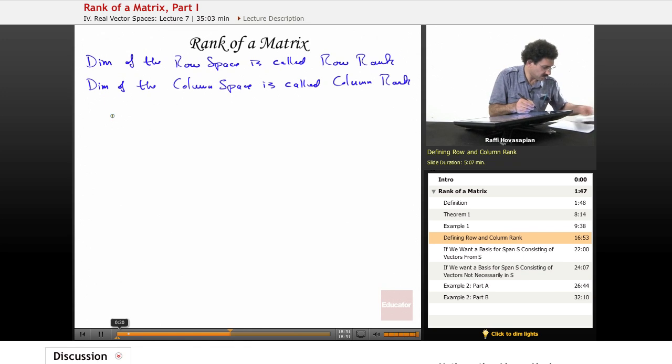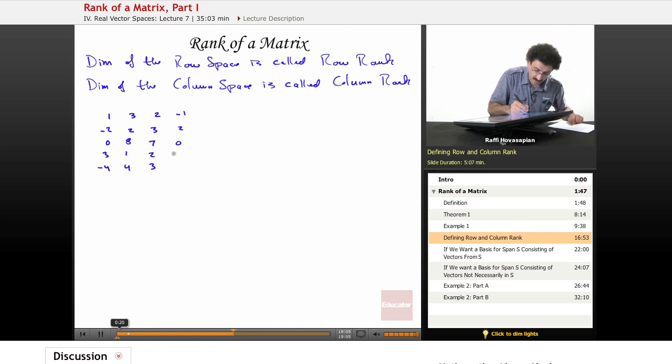So when I write v1, v2, v3, v4 as columns this time instead of rows, it looks like this: 1, minus 2, 0, 3, negative 4, 3, 2, 8, 1, 4, 2, 3, 7, 2, 3, minus 1, 2, 0, 4, 3, and the augmented system.